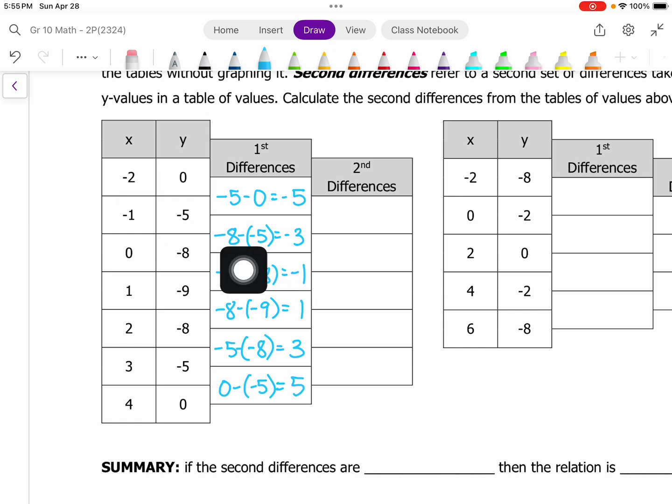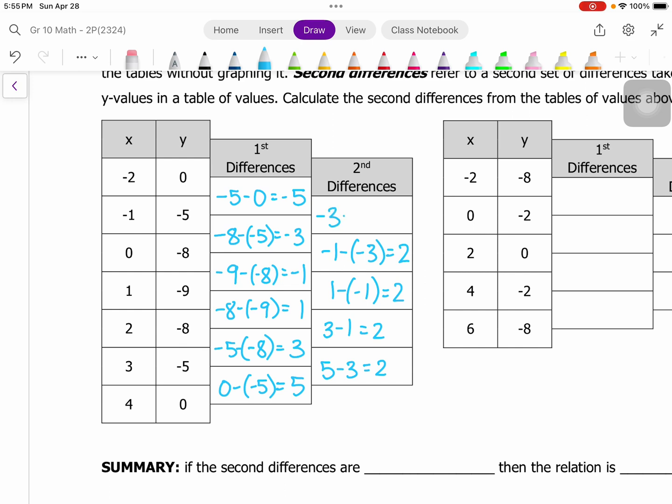Now for second differences, we're going to subtract the first differences from one another. Once again, we can start at the very bottom. So 5 subtract 3 is 2. 3 subtract 1 is 2. 1 subtract -1 is 2. -1 subtract -3 is 2, and -3 subtract -5 is also 2.